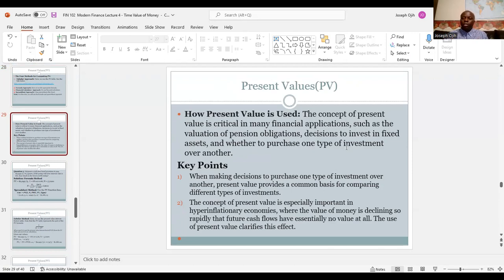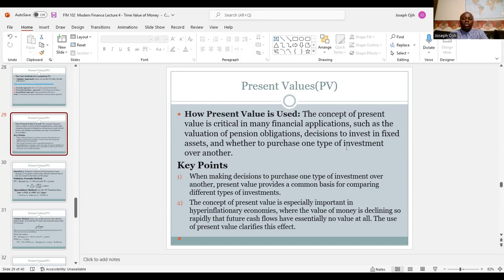Applications include when we want to value pension obligations, or when we want to make a decision to invest in fixed assets. They tell us the price, but we can now use the current rate of interest and value the property by ourselves, to get what it is actually worth. And when we make decisions to purchase one type of investment or another, we use present value.